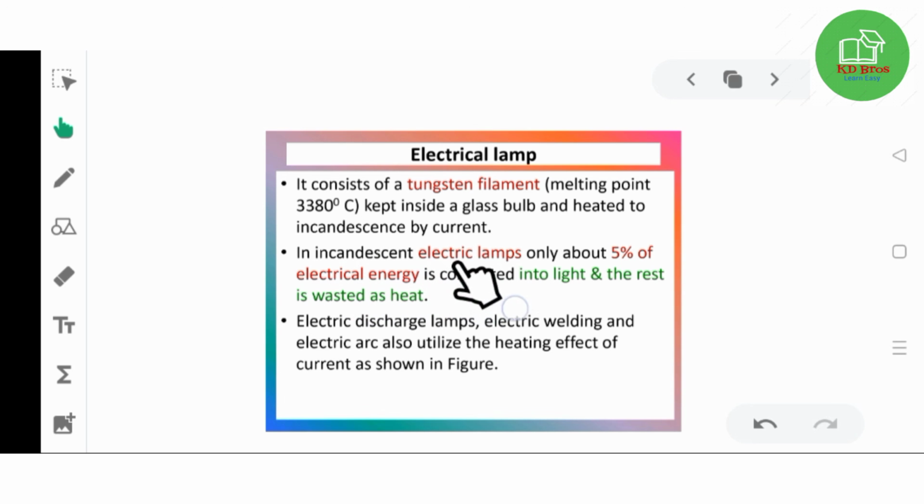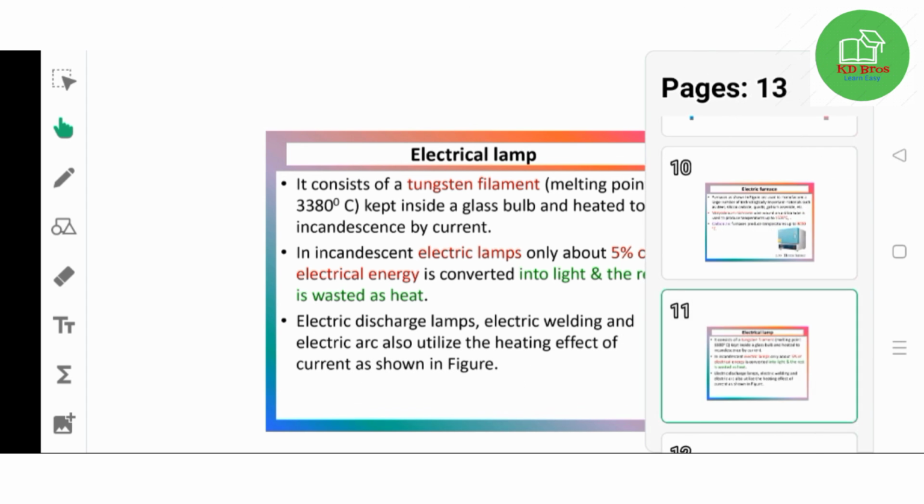In an incandescent electrical lamp, only about 5% of electrical energy is converted into light and the rest is wasted as heat. Because if you switch on the tungsten it will be very hot, the room will be very hot.